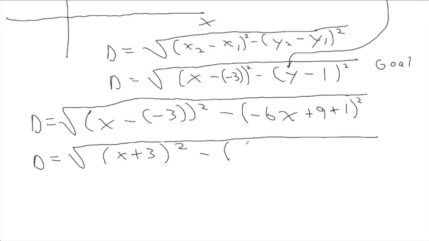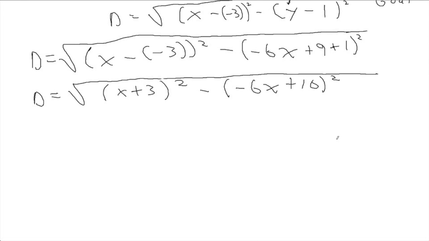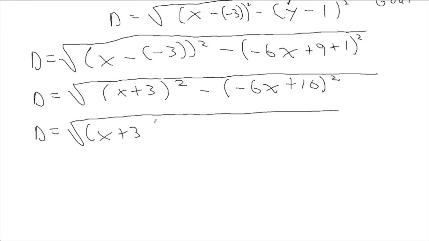I think the first thing we should do is simplify and then expand. Okay, cool. So now we can write negative 6x plus 10 squared. And then in the next line, we can expand x plus 3, x plus 3 again, minus negative 6x plus 10 times negative 6x plus 10.